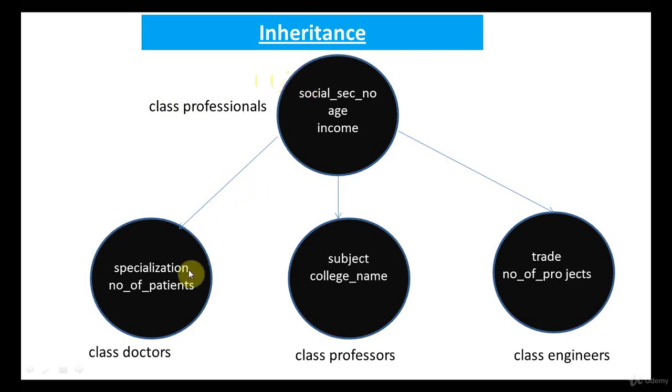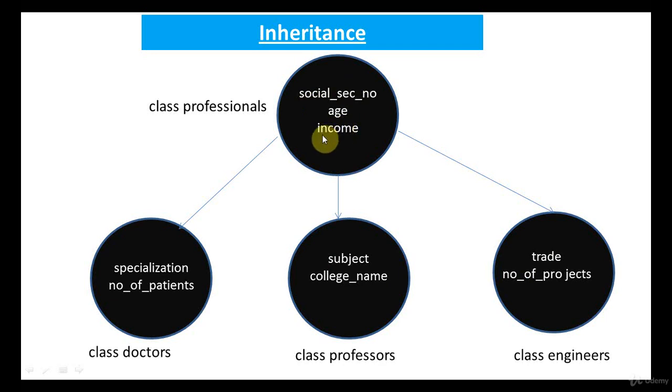Now I want to have a class Doctors, a class Professors and a class Engineers. Class Doctors has specialization and number of patients, class Professors has the data subject and college name, and class Engineers has trade and number of projects, right? Whether the person is a doctor, professor or engineer, irrespective of the profession, it is a must that we should have social security number, age and income.